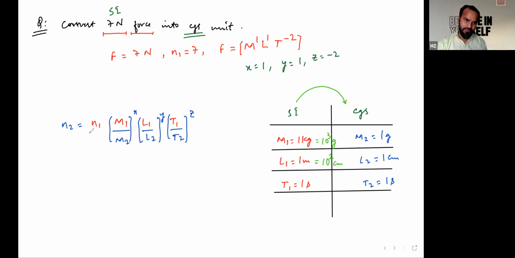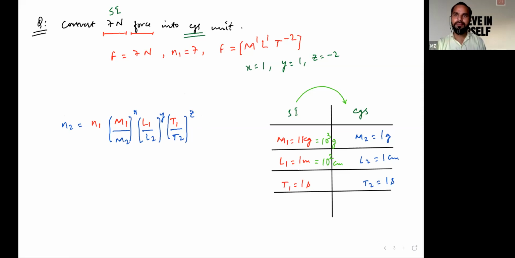We have the value of N1 as 7. We have the values of M1, M2 and X. Just put all the values in this expression and try to simplify for N2.